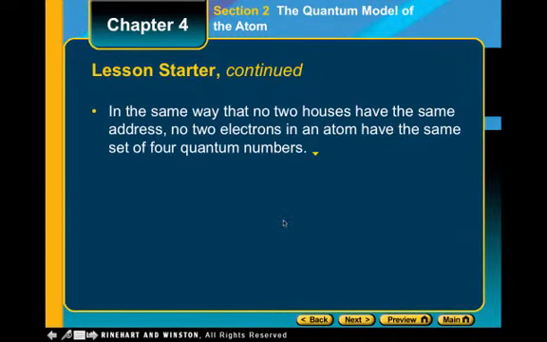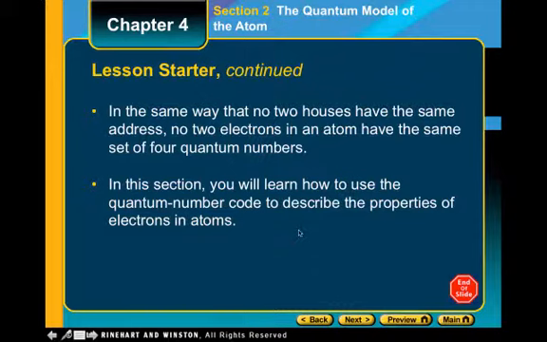In the same way that no two houses have the same address, no two electrons in an atom have the same address or the same set of 4 quantum numbers. Each electron can have the same energy level, same sublevel, same orbital, but they'd have to have a different spin state. Or maybe they have the same spin state, but they're in a different orbital.